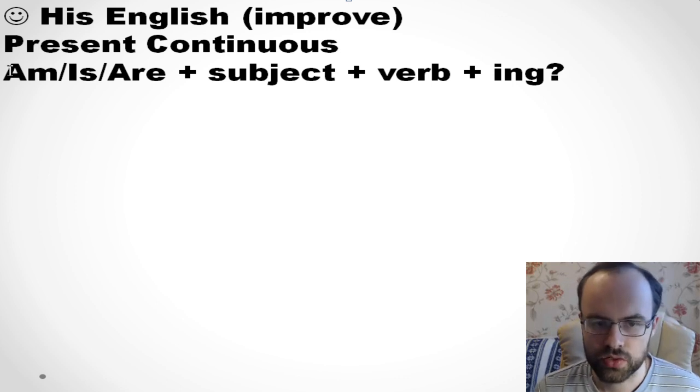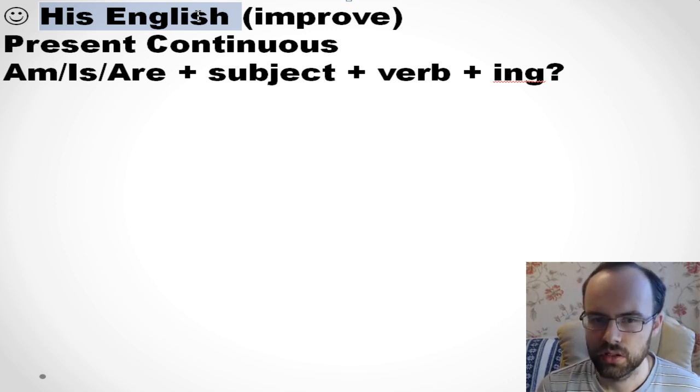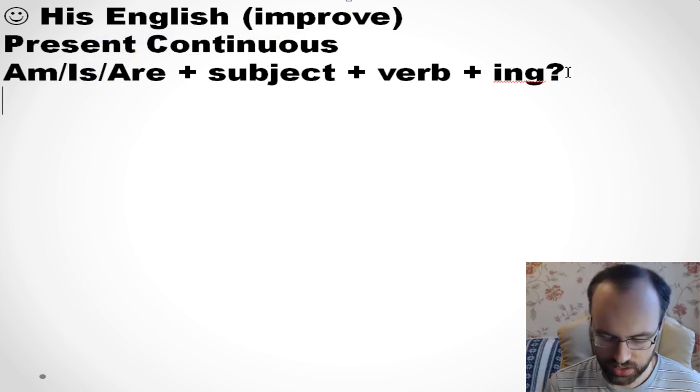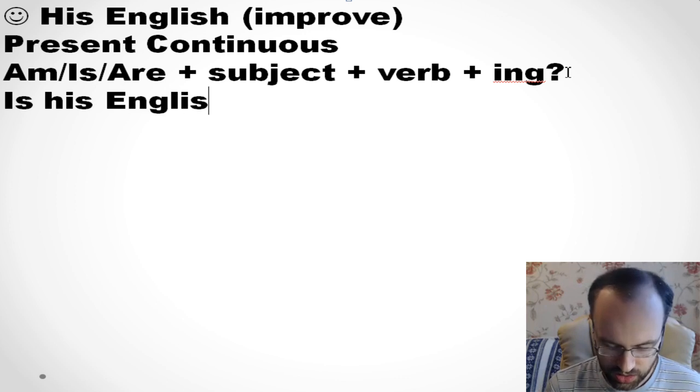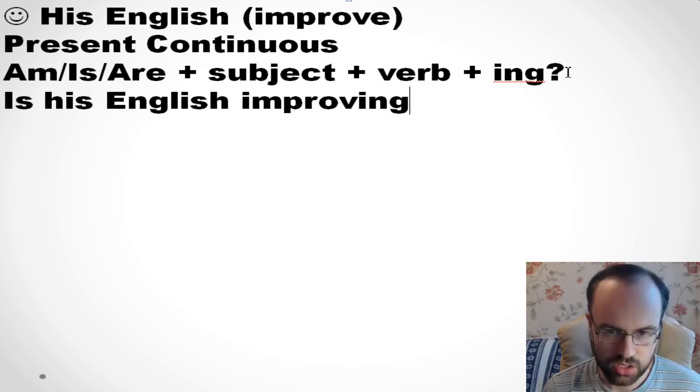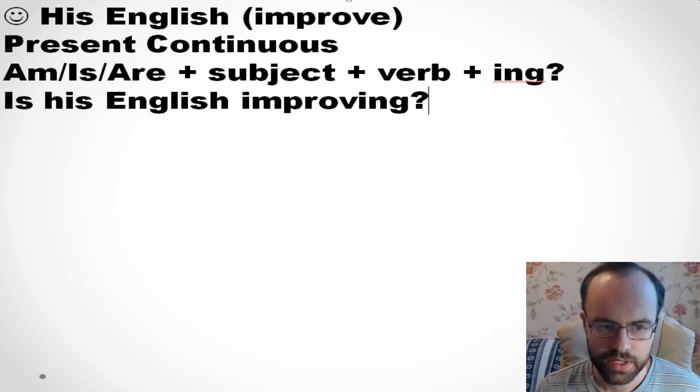We need to choose am, is, or are. We look at the subject, his English. What pronoun? His English means it. We say he, she, it is. So we need to use is. And we'll say, is his English improving? Okay, good, very good.